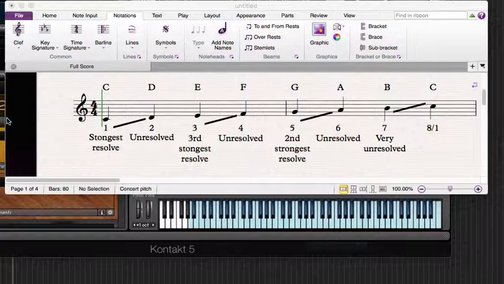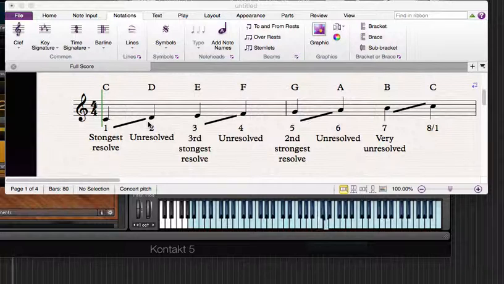The idea behind that is that those notes of the triad of the chord are the strongest notes of the scale. And within that, they have different strengths themselves. So 1 here, the C, is the strongest resolve. It gives the biggest sense of finish within a melody or within a scale.